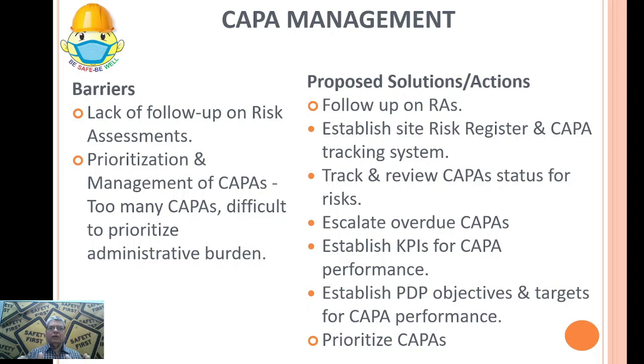Means you have to see whether the CAPA or the risk are being documented or registered into the respective register as soon as the risk assessment is completed, and if some accident happens and there is CAPA coming out of it, if a new machine comes, there is a CAPA coming out of it.